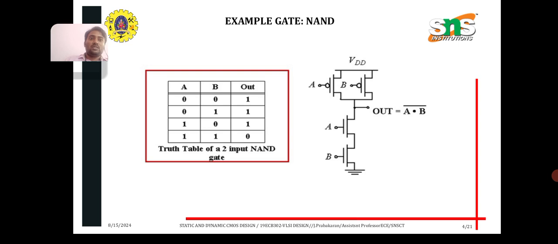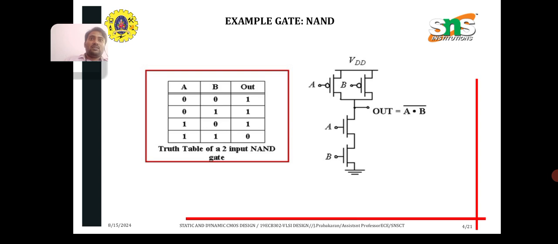Here you can see a two-input NAND gate with inputs A and B. The Boolean expression for a two-input NAND gate is Y equals complement of A into B, and the output Y is high unless both inputs A and B are high, in which case the output Y is low.